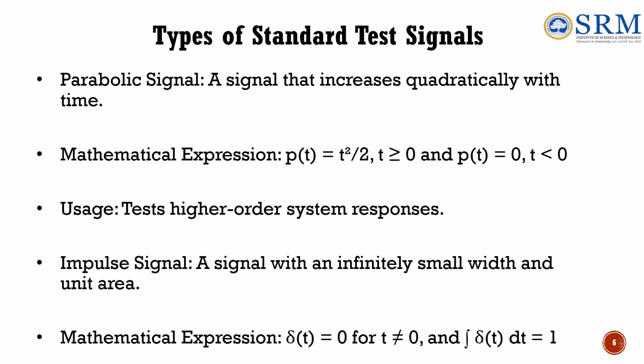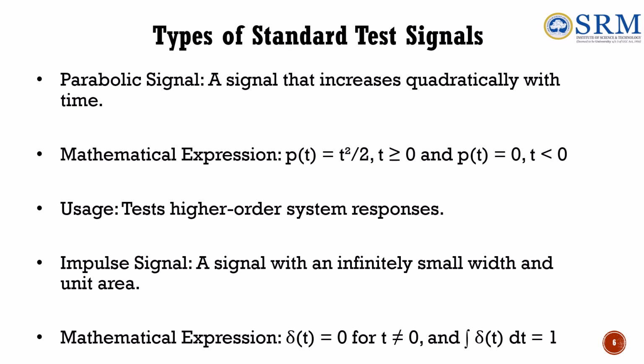Parabolic signal increases with the square of time, meaning it grows faster than the ramp signal. Mathematically, it's 0 before time 0 and equals t square by 2 after time 0. It's useful for testing how well higher order systems respond.